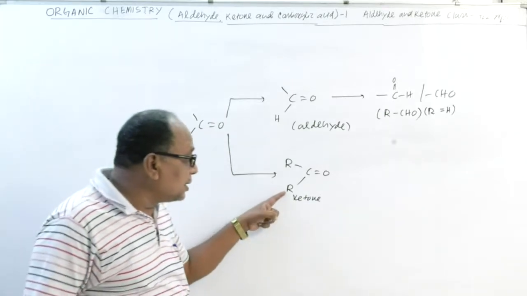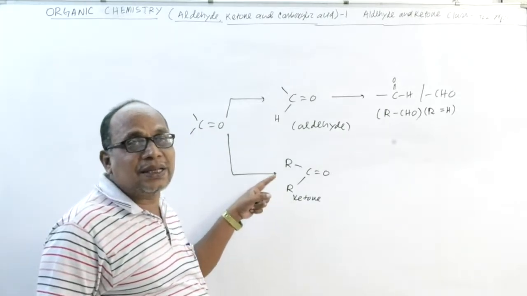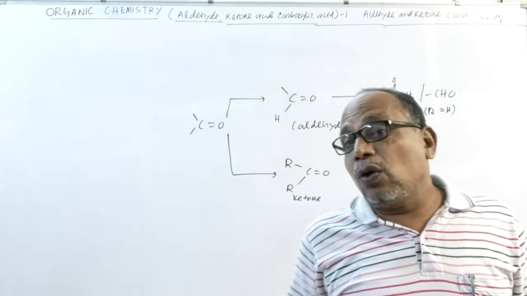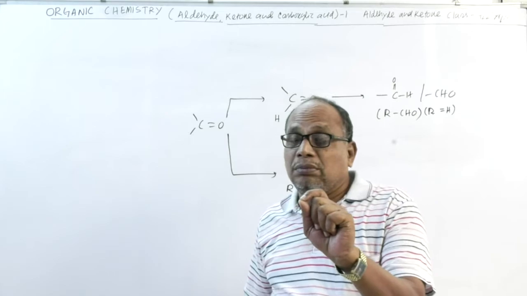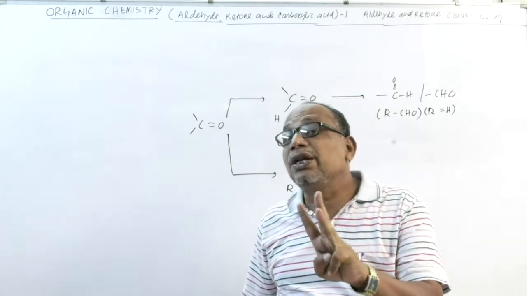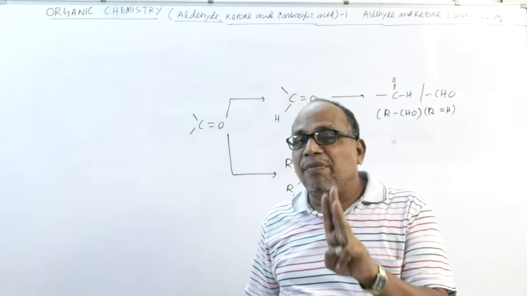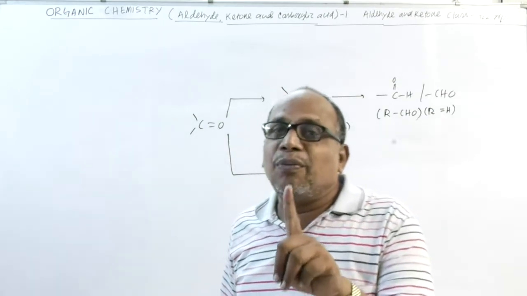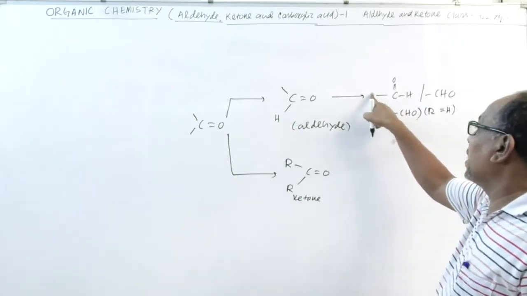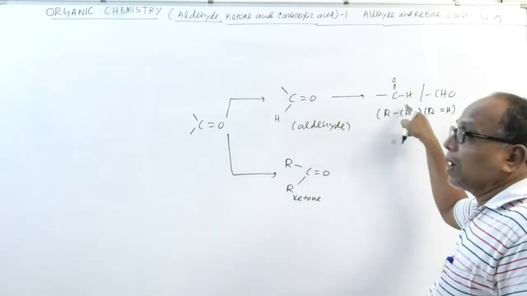If it is H, it is an aldehyde; if it is R, it is a ketone. That means a ketone has a minimum of 3 carbon atoms, but an aldehyde has a minimum of 1 carbon atom. If you take H here, it contains only 1 carbon atom.